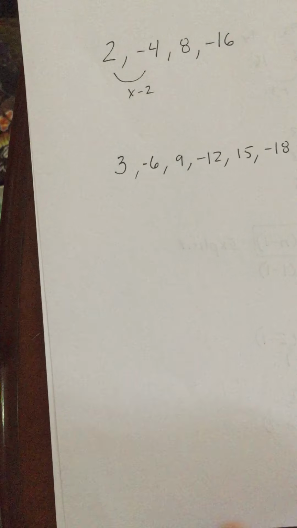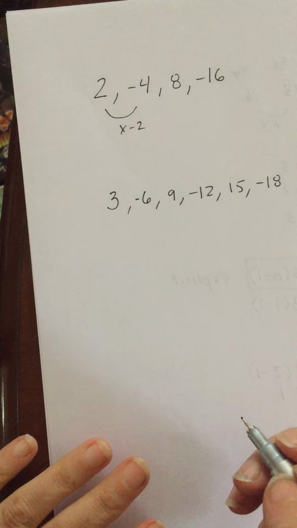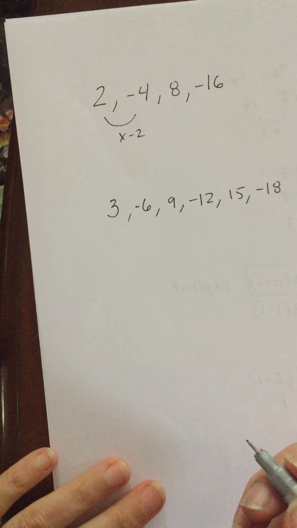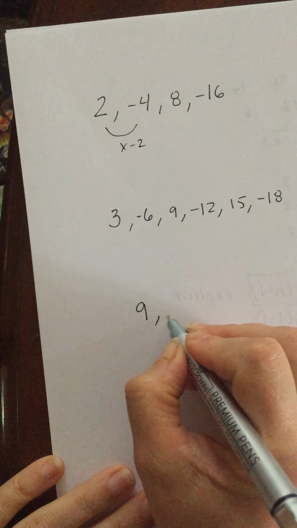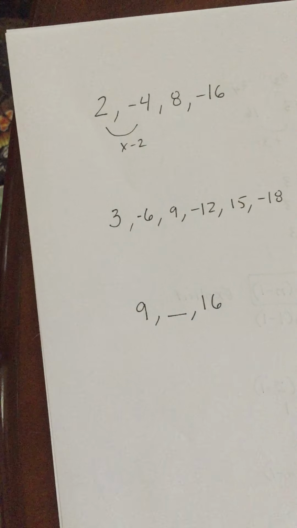Okay, all right, so let's go over one more thing, which is, let's look at this example here. Let's say I have 9, and then blank, and then 16. And let's say it's a sequence. If I want to make that sequence arithmetic, I'll give you the trick for that.